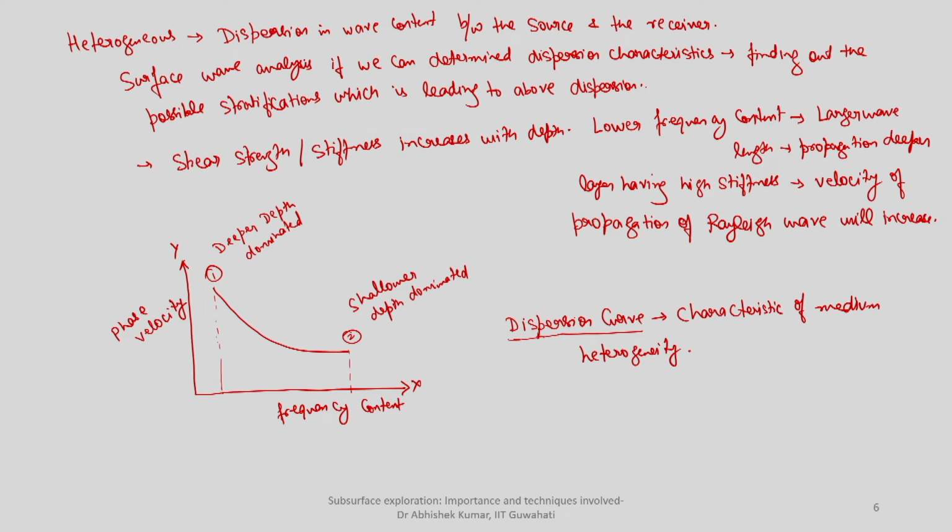Now, let us discuss this dispersion in more detail. To start with this interpretation, because of heterogeneity, your medium is like a multiple degree of freedom system, an MDOF system.